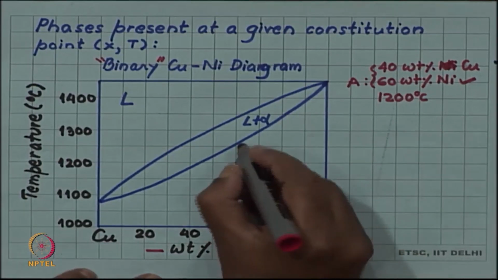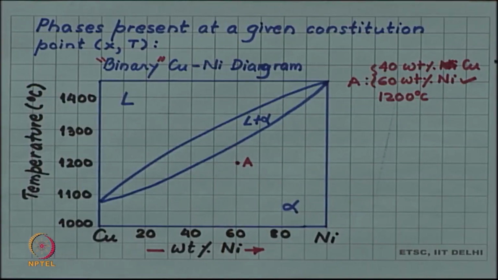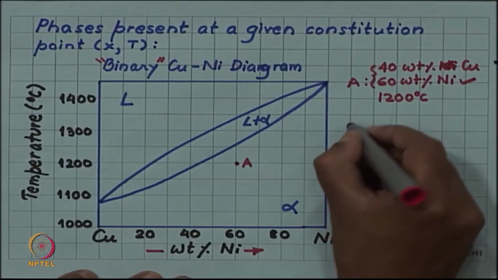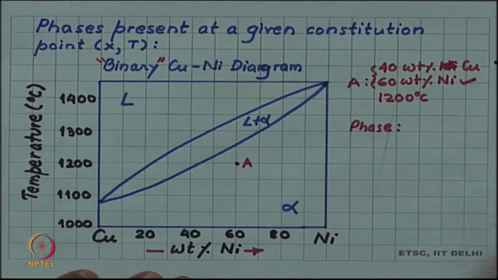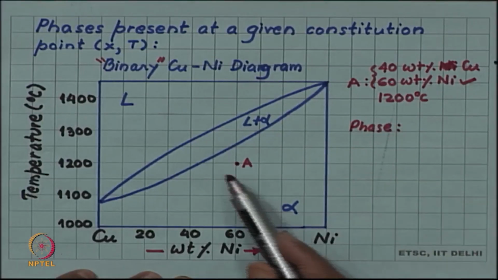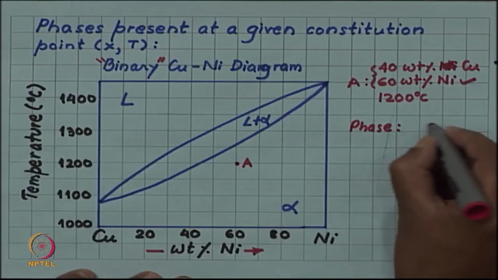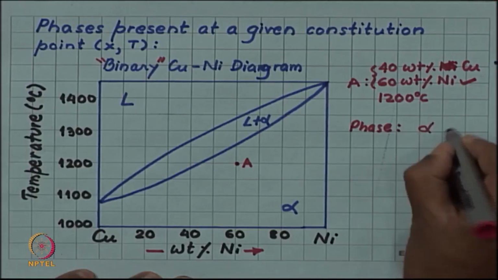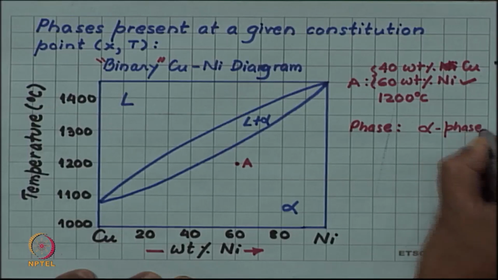So, this is my point, and the alloy has been equilibrated at 1200 degrees Celsius. So, the question, what is the phase here? All you have to do is to see in which region it is falling. Since it is falling in the alpha region, we will say that this is an alpha phase.